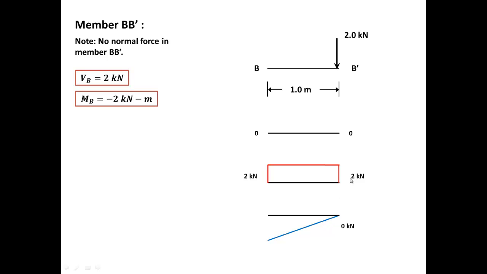So if for any reason this shear force was dropping down like this or going up like that, we would have a curved line. But since it's not changing any values, and of course there is a mathematical explanation behind this, but this is not the video for it. Now we have 2 kilonewton meters, and again this value should be negative.